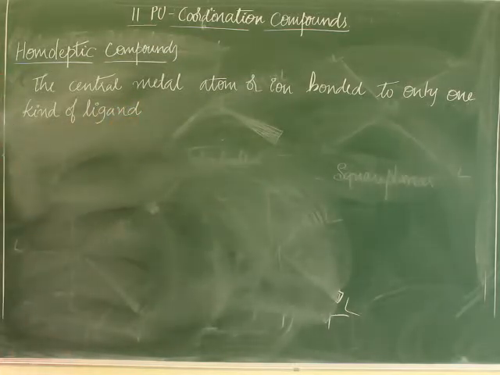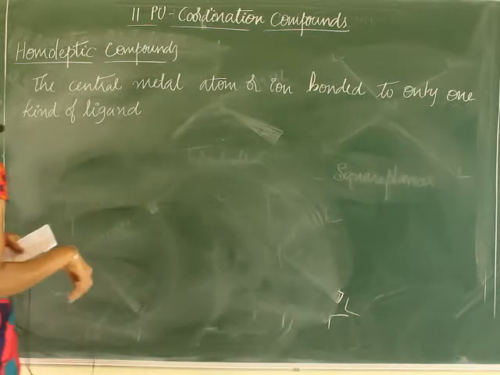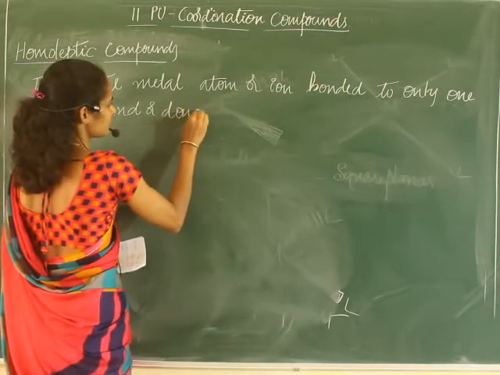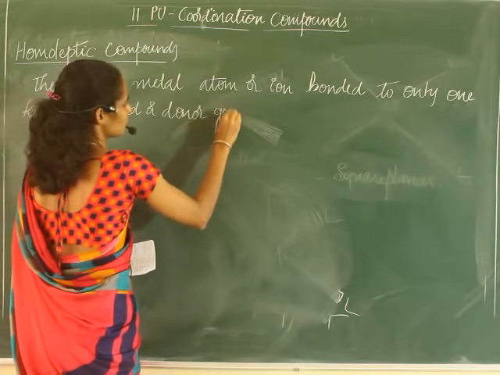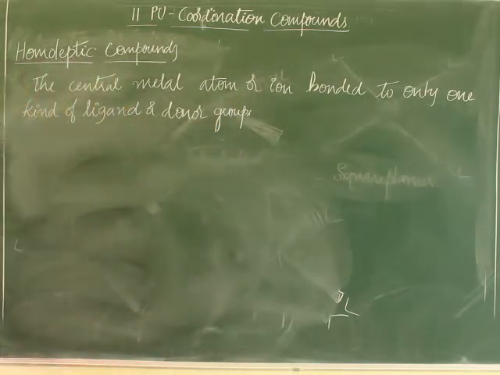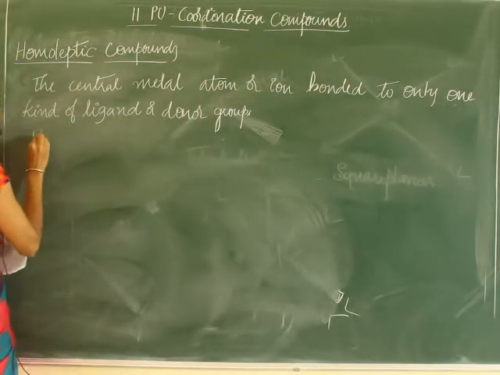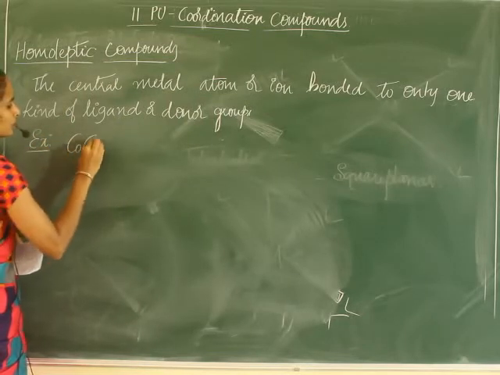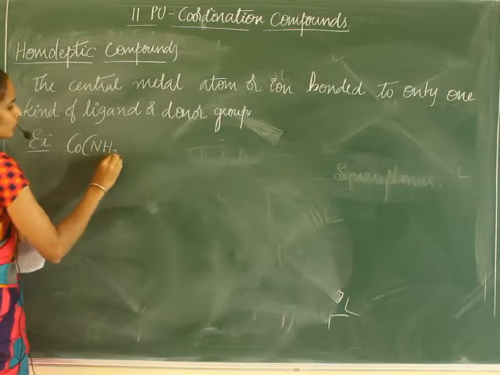Clear? If the central metal atom or ion is bonded to only one kind of ligand or donor group, it is one and the same. One kind of donor group, then they are called homoleptic.